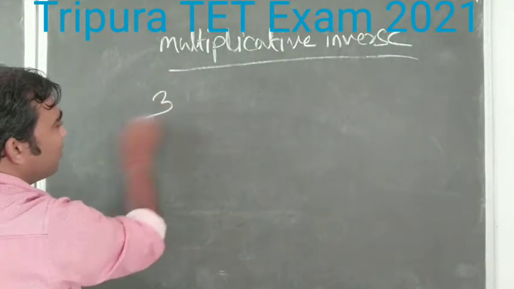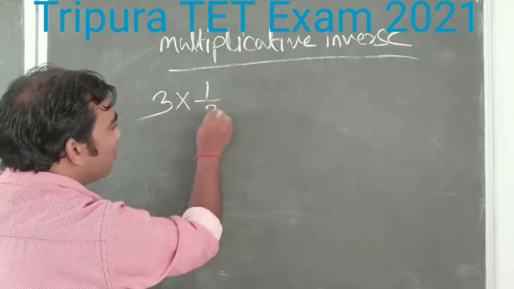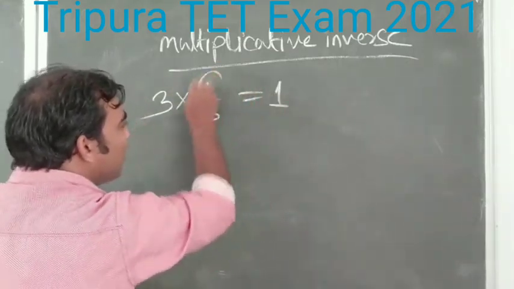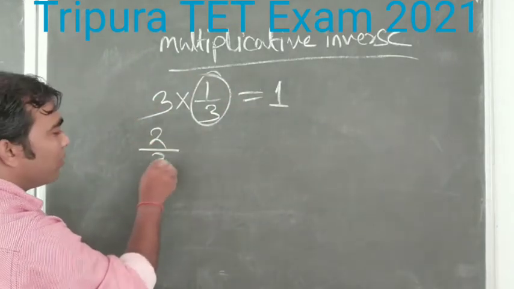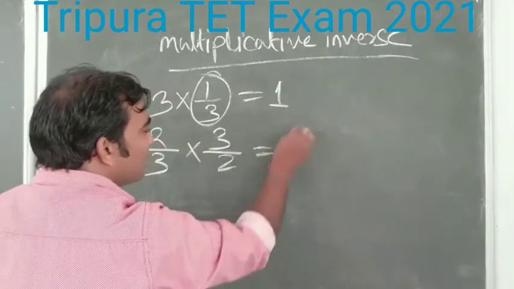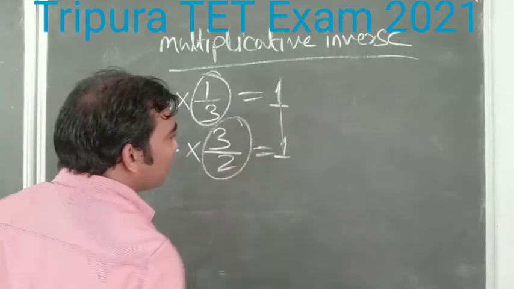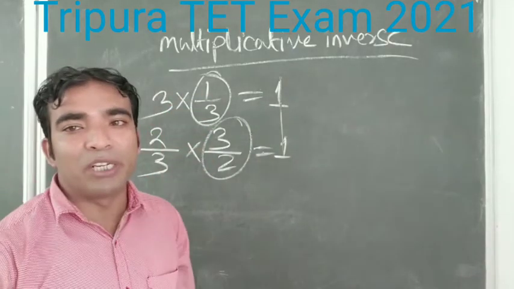Suppose one number is given, 3. What will be the multiplicative inverse of 3? 3 into 1 by 3 equals 1. So the multiplicative inverse of 3 is 1 by 3. Similarly, for 2 by 3, the multiplicative inverse will be 3 by 2, so that we get 1. The result should always be 1. So for the multiplicative inverse, just write the reciprocal.